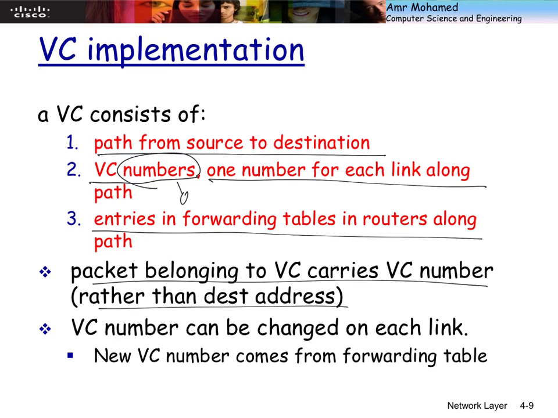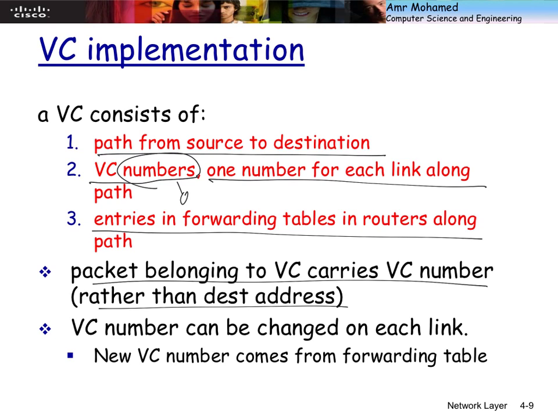In order to relax this uniqueness assumption, what happens in all the protocols that use the virtual circuit concept is that they use the virtual circuit number in a localized area. So each router will have its own interpretation for this virtual circuit number.